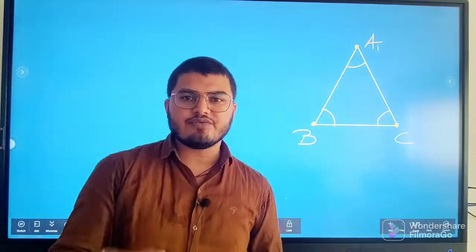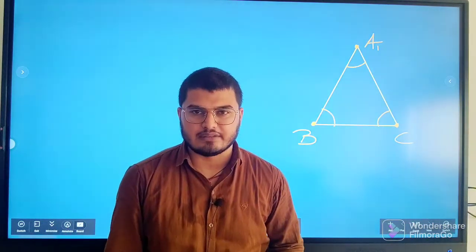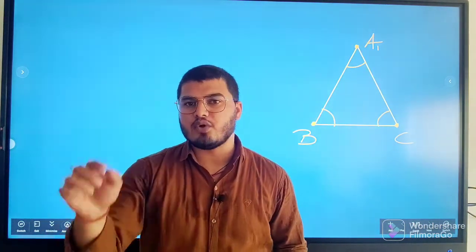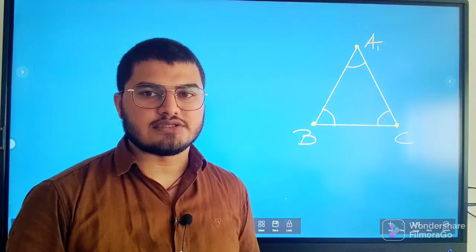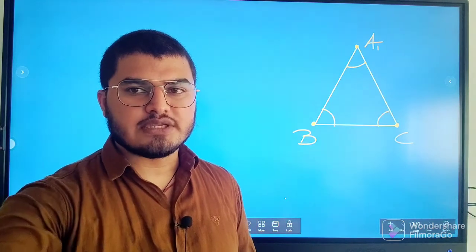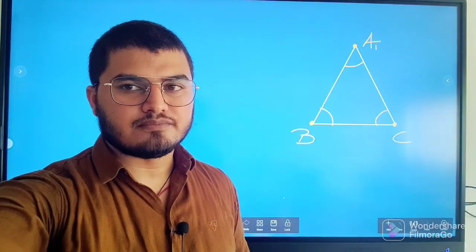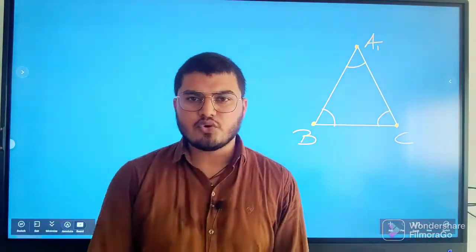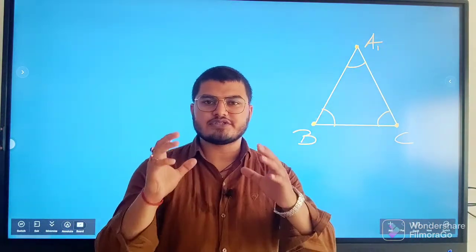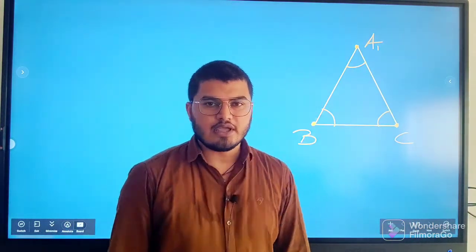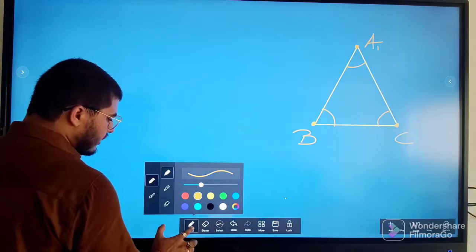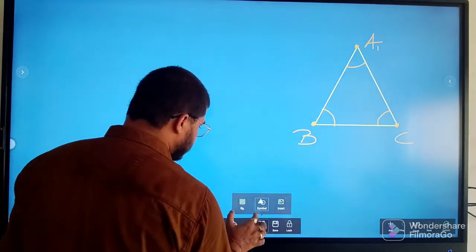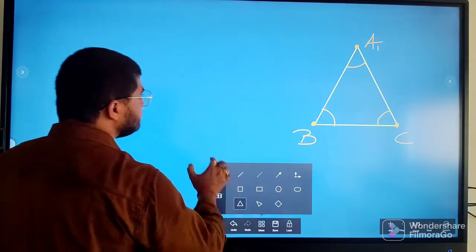So congruency was explained in detail in class 9th. But in class 10th we are going to discuss in detail the similarity of triangles. So let's go and discuss what similarity is. See, two triangles can be said to be similar triangles under two conditions.